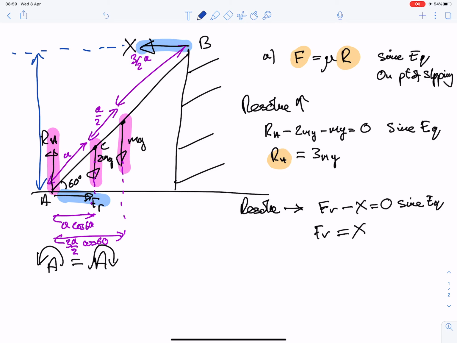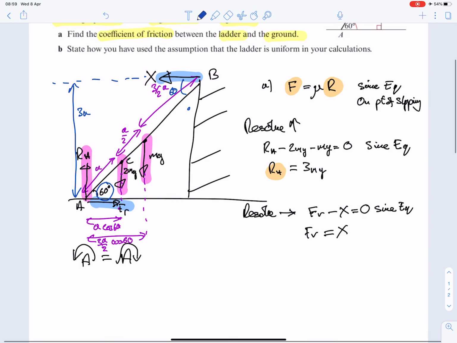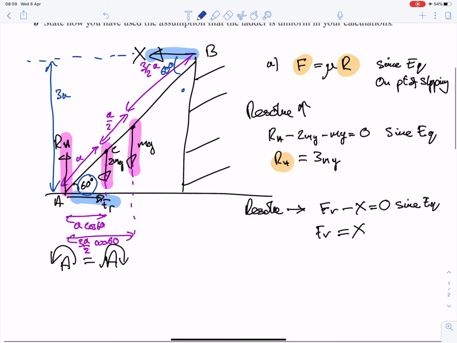So the distance to the line of action here from A is going to be A, the hypotenuse. This is adjacent to the angle, so it's cos of 60. There's our line of action. So this is going to be the hypotenuse, 3A over 2, again cos of 60.